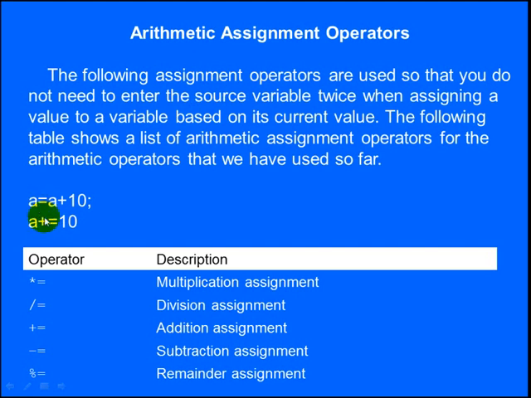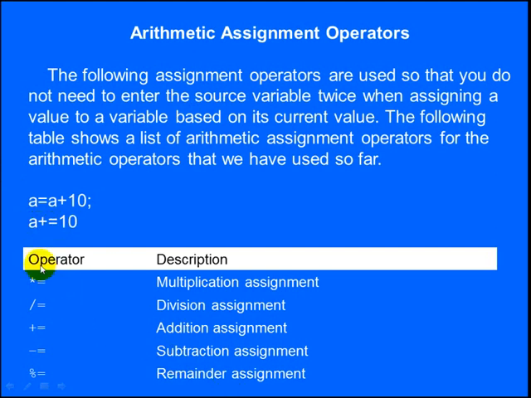So instead of writing a equals a plus 10, we may write a plus equals 10. Suppose we have a equals a divided by 10, meaning the current value of a is divided by 10, then assigned to a. So we can write a slash equals 10. First the arithmetic operator, then the assignment operator.